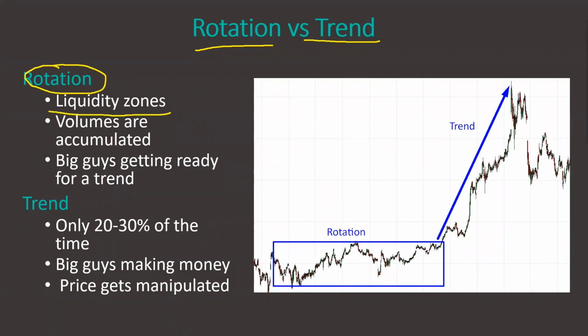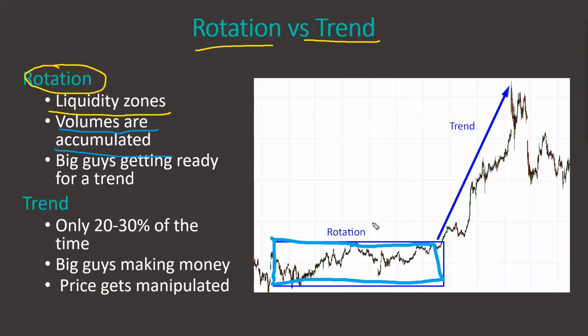For example, a rotation like here in this picture, right? This rotation. The place where the price is rotating is a significant liquidity zone, and heavy volumes are accumulated in such a zone. The reason is that big trading institutions who move and manipulate prices have insane amounts of money they trade, and they need to allocate that money into the markets, right?